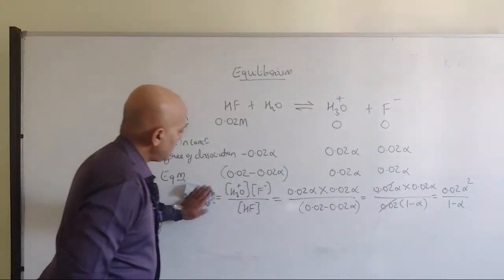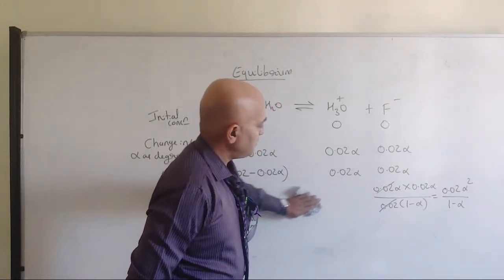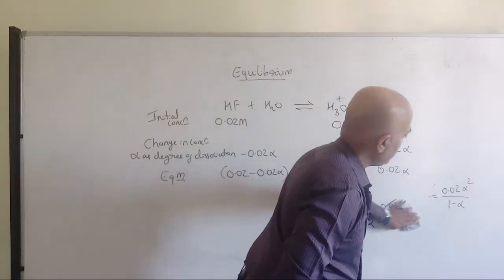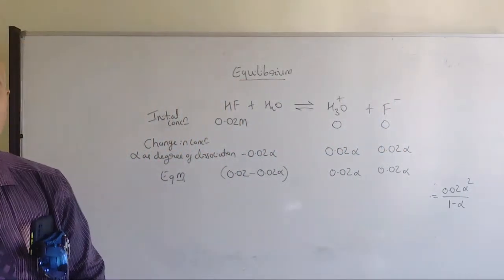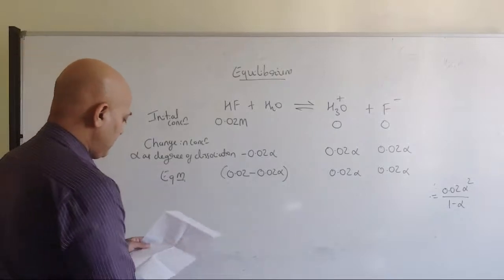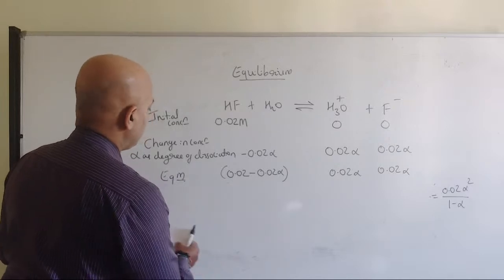Okay, so I will remove this, and even this one. I will keep only the last one. They have given the Ka value. What is that Ka value? Ka value is 3.2 into 10 to the power of minus 4.